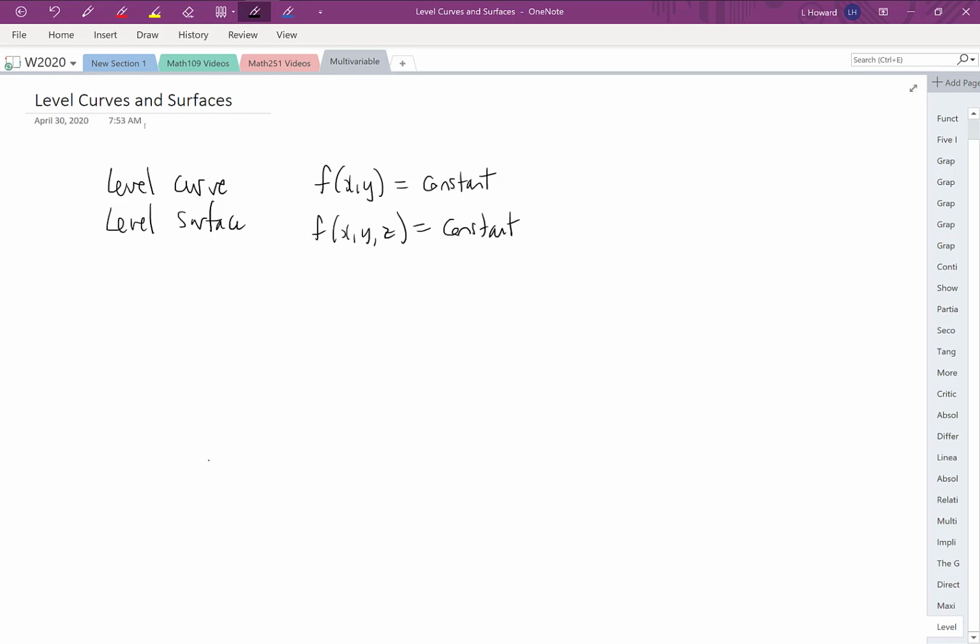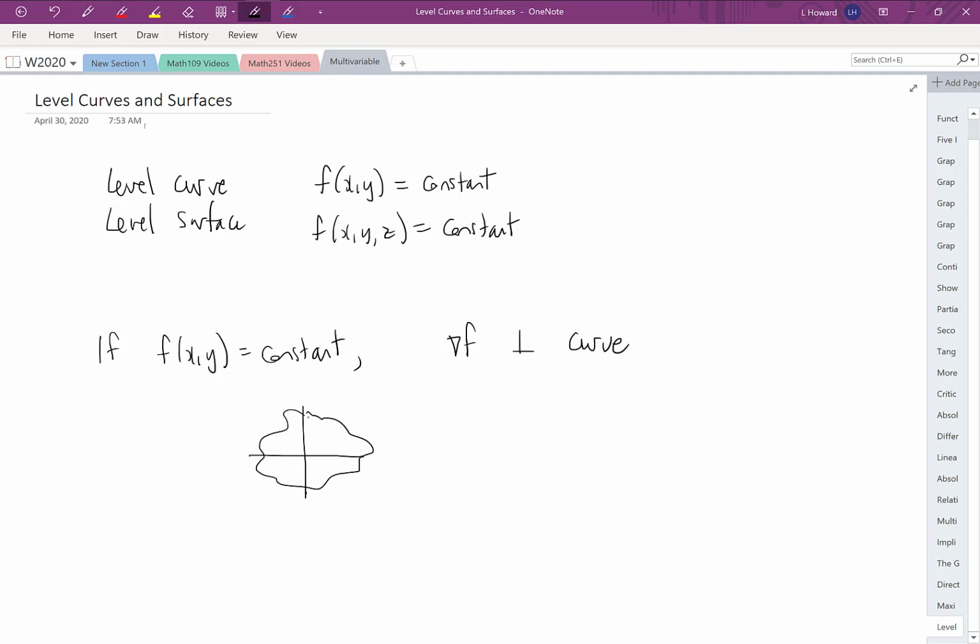Now we want to talk about some geometry and how that relates to the gradient vector. The idea is that if you have a level curve, let's say someone gives you an equation like f of x y equals a constant, a really nice property of the gradient is that the gradient of f is going to be perpendicular to that curve. So let's draw a picture. We would be in the xy plane, and we'd have some curve representing this equation, f of x y equals a constant.